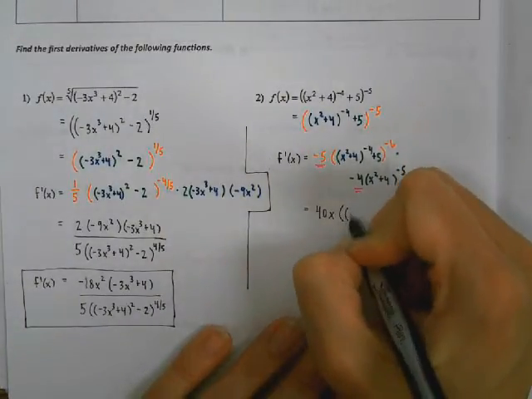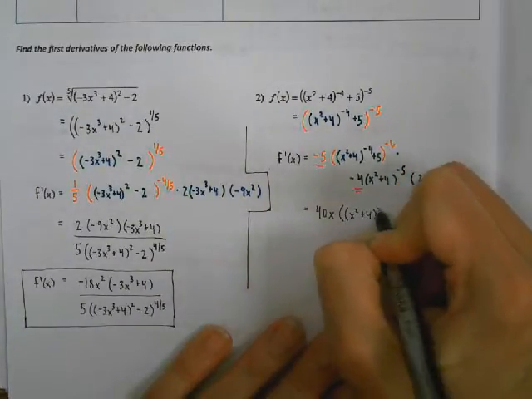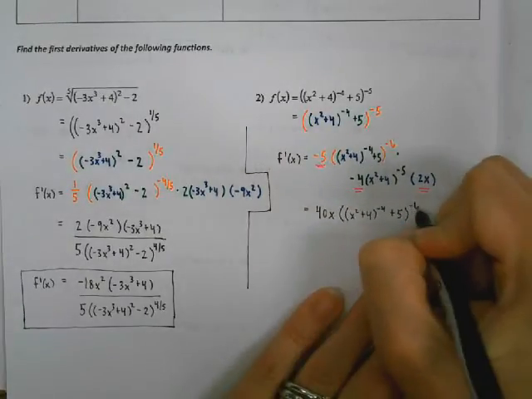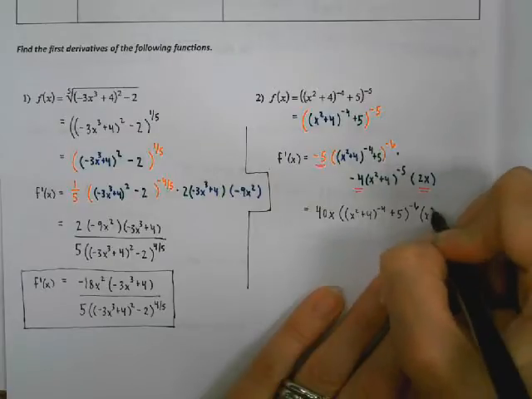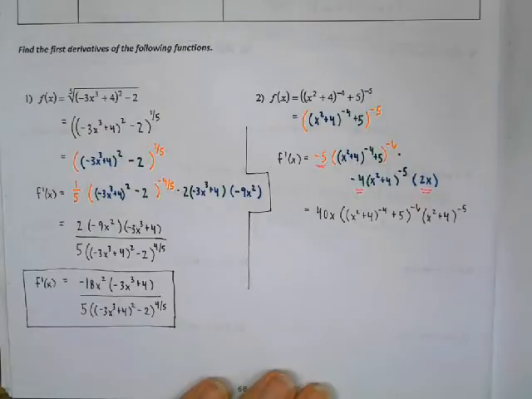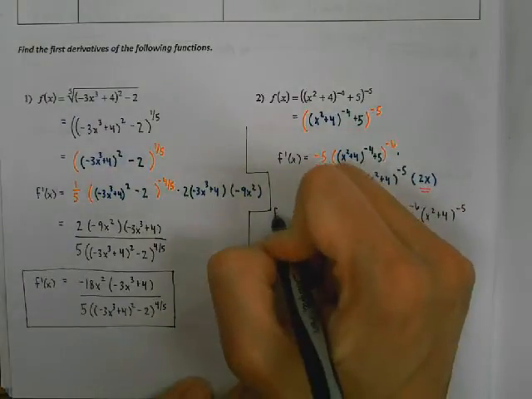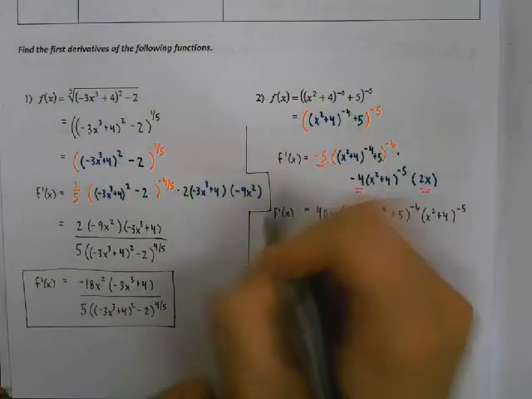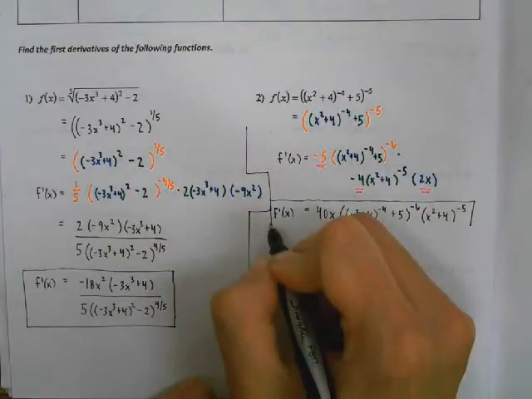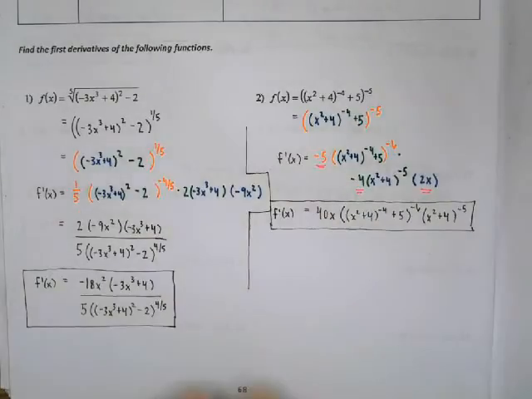Then I have my x squared plus 4 to the negative 4th plus 5 all to the negative 6th, and then my x squared plus 4 to the negative 5th factor. And again, since I'm not too worried about simplification, I want to focus on the chain rule piece of this. We'll just leave our answer as is.